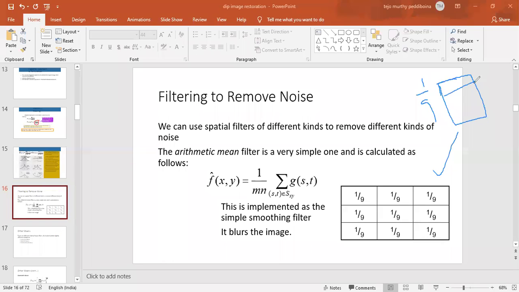If the quality is not good, we cannot increase the mask size. But in adaptive filters we can change the window size adaptively according to the situation. So that is the advantage of adaptive filters, where we can change the filter coefficients and the filter size also. In this one it is fixed size and having all ones.